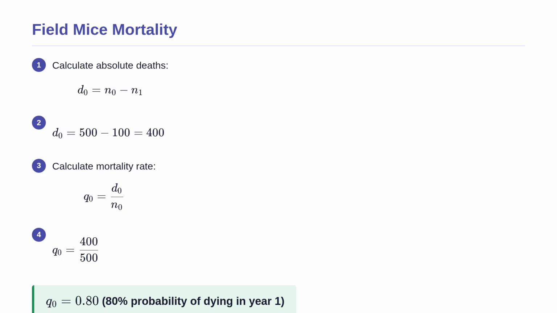Next, we find the infant mortality rate, q0, by dividing those 400 deaths by the starting population of 500. This gives us 0.80. This means there is an 80% probability of dying during the first year of life. This massive drop is very common in small mammals that produce many offspring but provide little parental care.